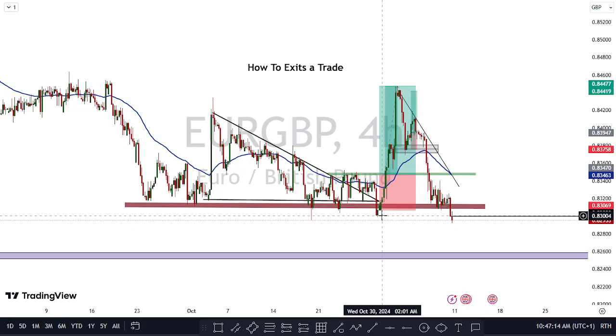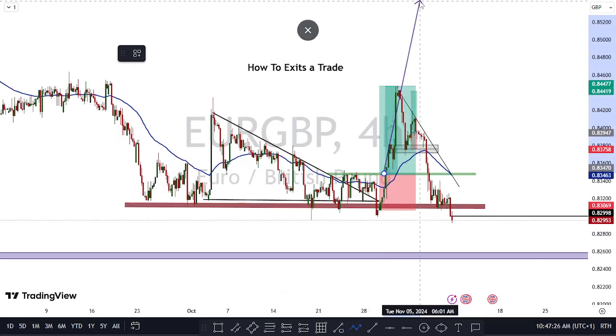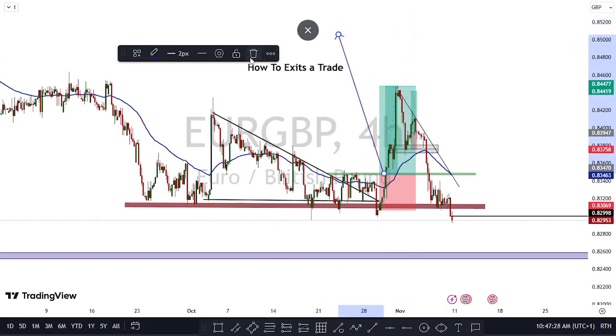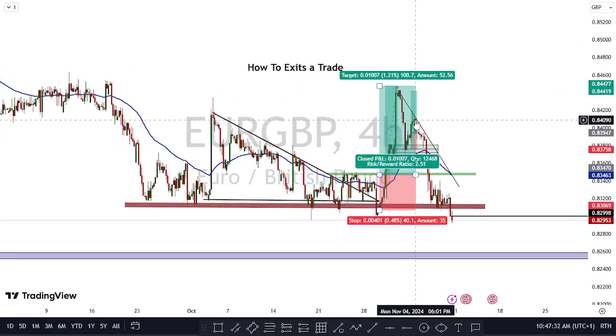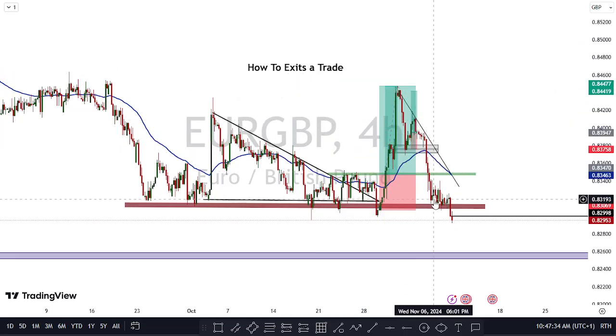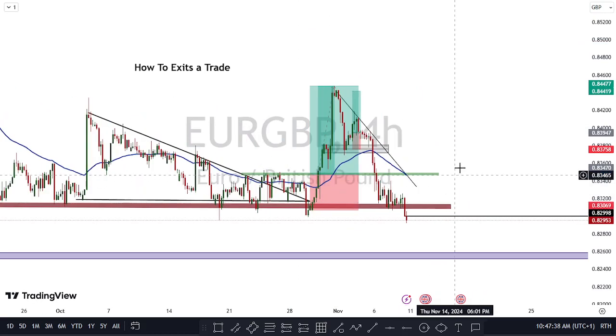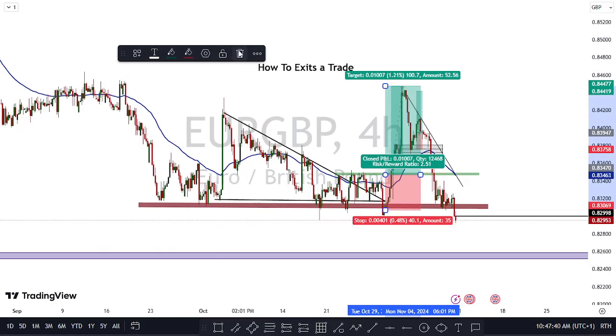Yes, we entered, but we need to know when to exit that trade, because the trade will not keep going up like this forever and ever. At some point it's going to come down, and you see it came back down here, went up, came back down to the entry, and even went past down to the stop loss, and we'd be in loss. So you have to know when to exit the trade.